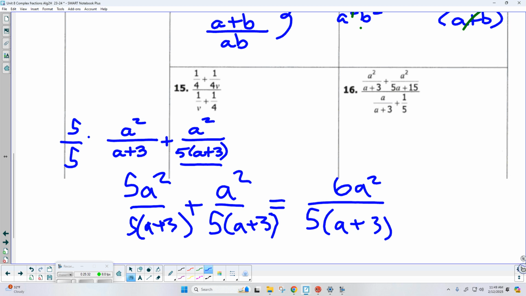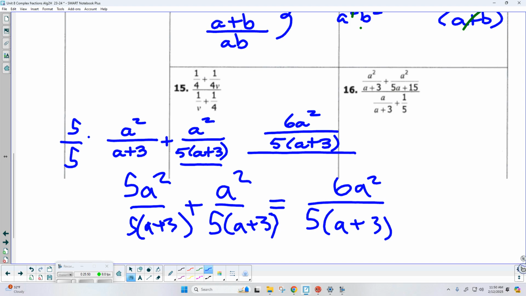Okay, so we're a third of the way there. We got the numerator. So let me go ahead and write this. We've got 6a squared over 5 times a plus 3. Okay, we're going to divide this by.